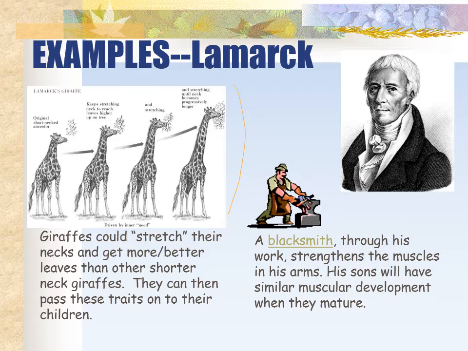Or another example is a blacksmith, someone who's pounding on metal a lot in his lifetime builds up a lot of strength and muscle, and his sons would have similar muscular development. That was their hypothesis, that what he did during his lifetime to increase his muscles could then be passed to his children.